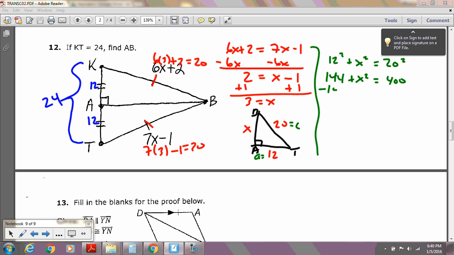Then subtract 144 from both sides. Leaves me with x squared is equal to 256. Let me be sure. Let me pull up the calculator.